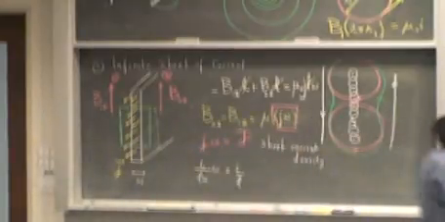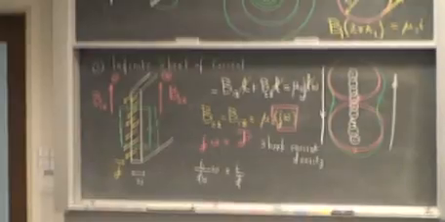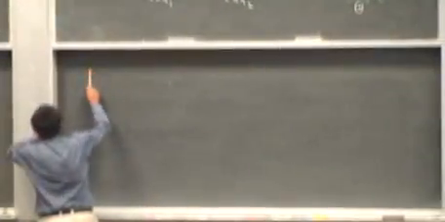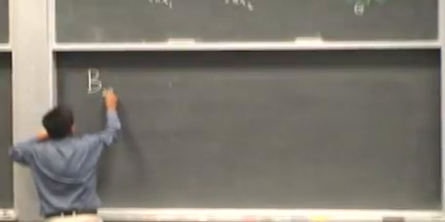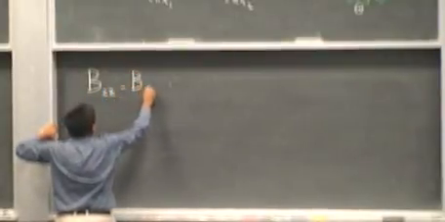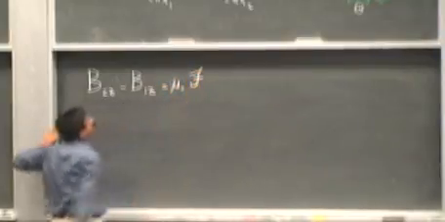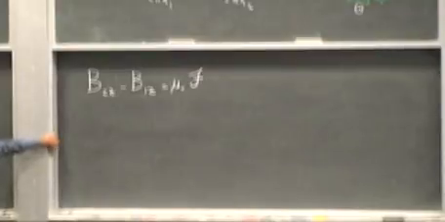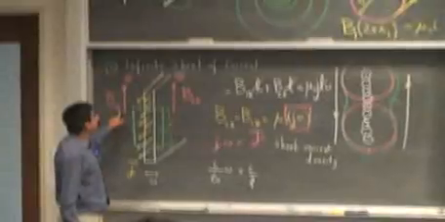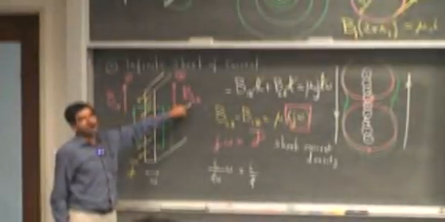So let's look at this formula. B2Z minus B1Z must equal mu naught times this J. Now the question I would like to ask: if you look at the symmetry of this example, what should be the magnitude of B1Z as compared to the magnitude of B2Z?